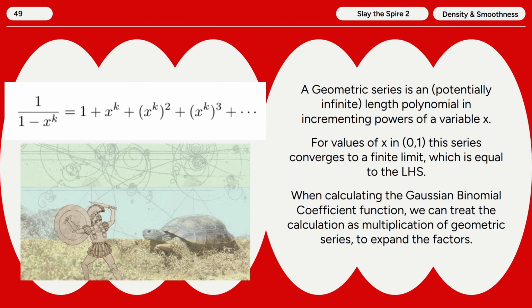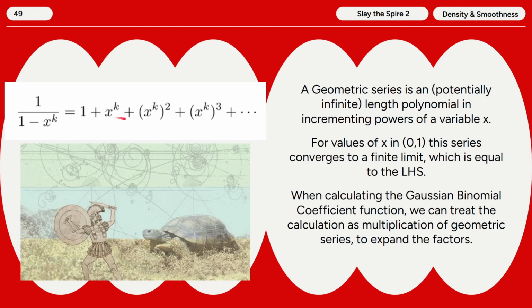And a brief explanation on how to do that with a geometric series. A geometric series is a potentially infinite length polynomial, incrementing in the powers of some variable x. So it looks like this: 1 plus x to the k, plus x to the k squared, plus x to the k cubed. So x to the k is your replaceable term here. And when x is in the range of 0 to 1, this actually converges.